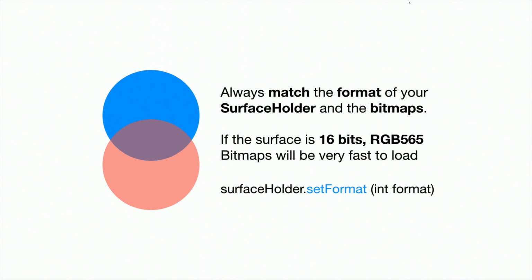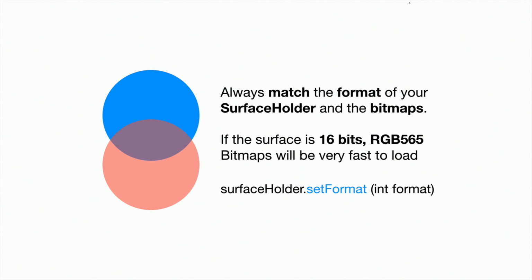Surface holder. Here's another interesting tip: if you have bitmaps being rendered to your surface view, make sure that the surface holder format matches the bitmap's format. So if you are using a 16-bit bitmap, make sure that same format is also applied to your surface holder.